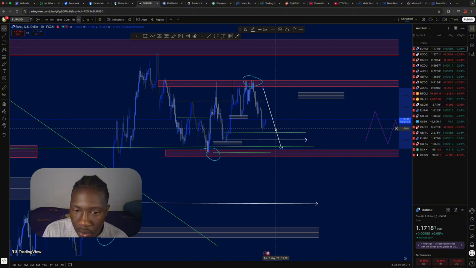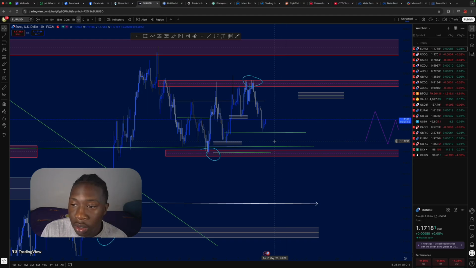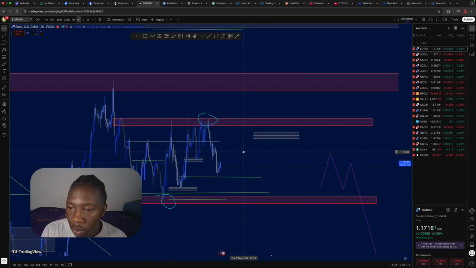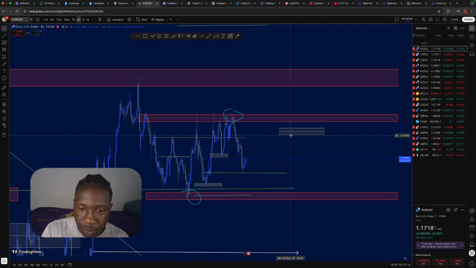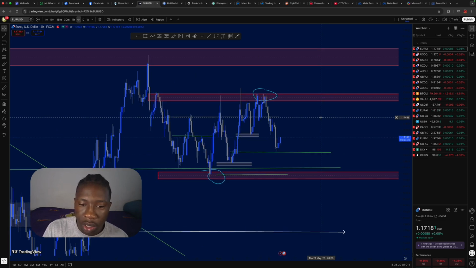Let me remove this because we finished. It is going to consolidate again. It will be a move to the upper side, but not a move that you think will just happen at that time. We need patience in this game.